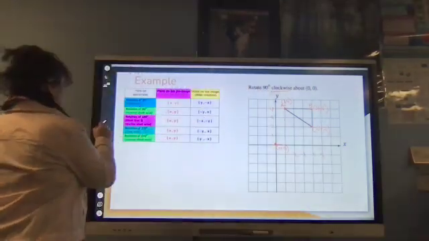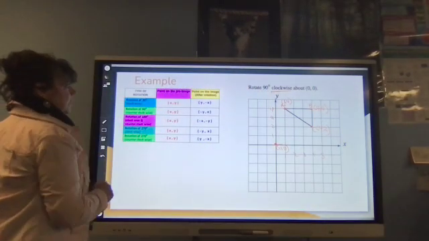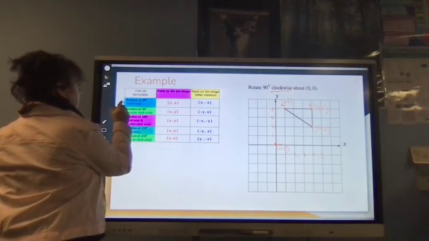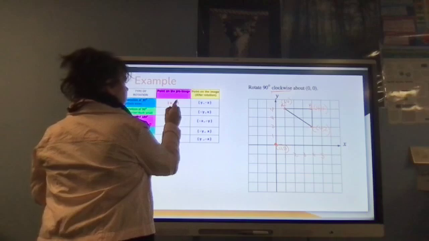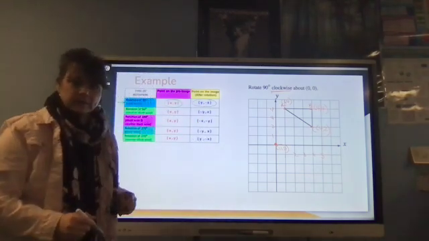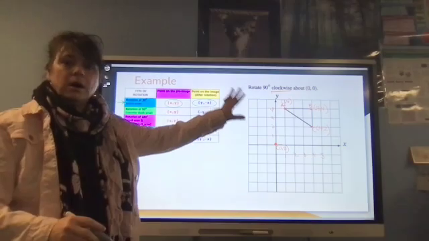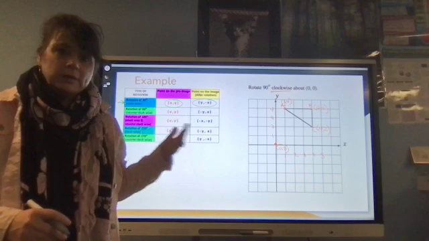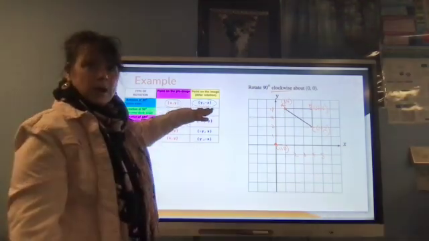So now we're looking for clockwise, clockwise 90 degrees. So we're looking right here. Rotation 90 degrees clockwise: we're starting with our (x, y) and we're changing it to (y, -x). All of our original points we're going to now rearrange to have the pattern (y, -x).